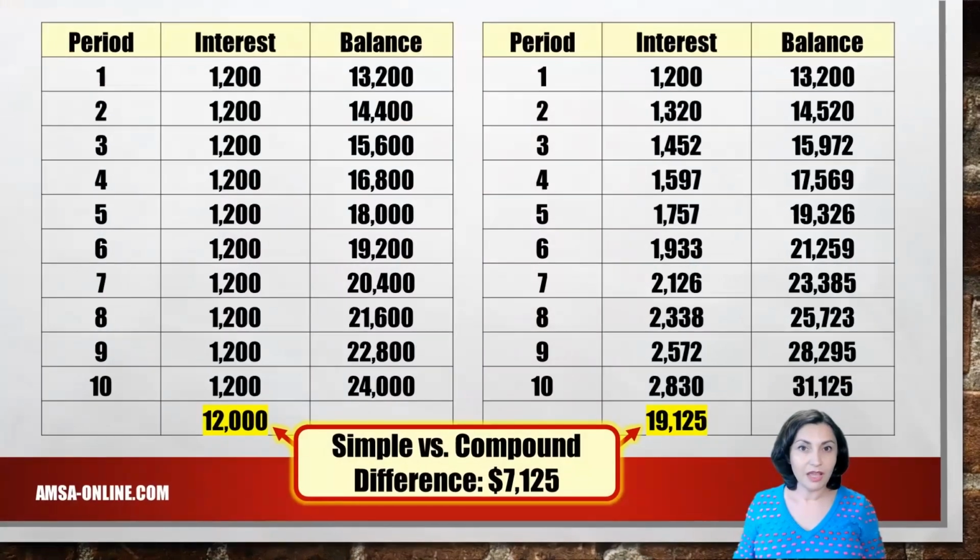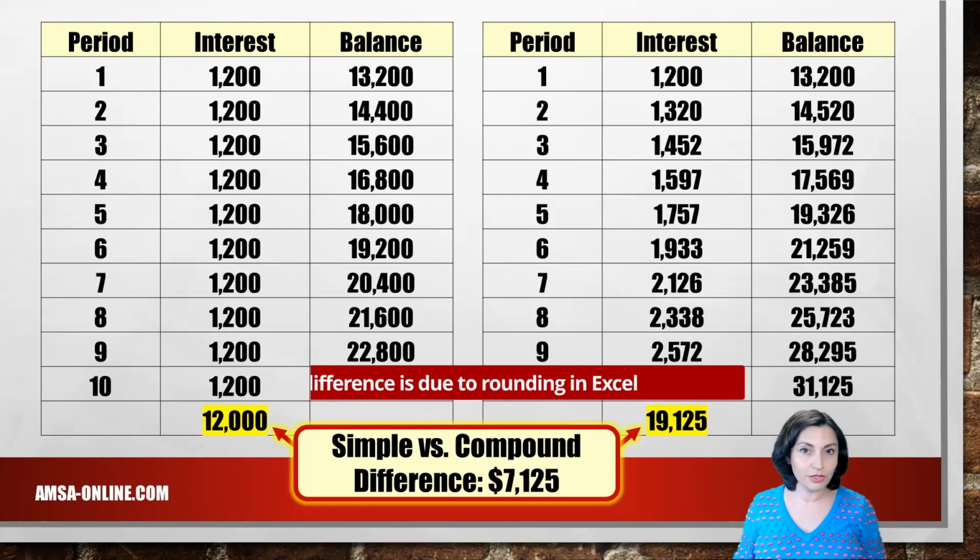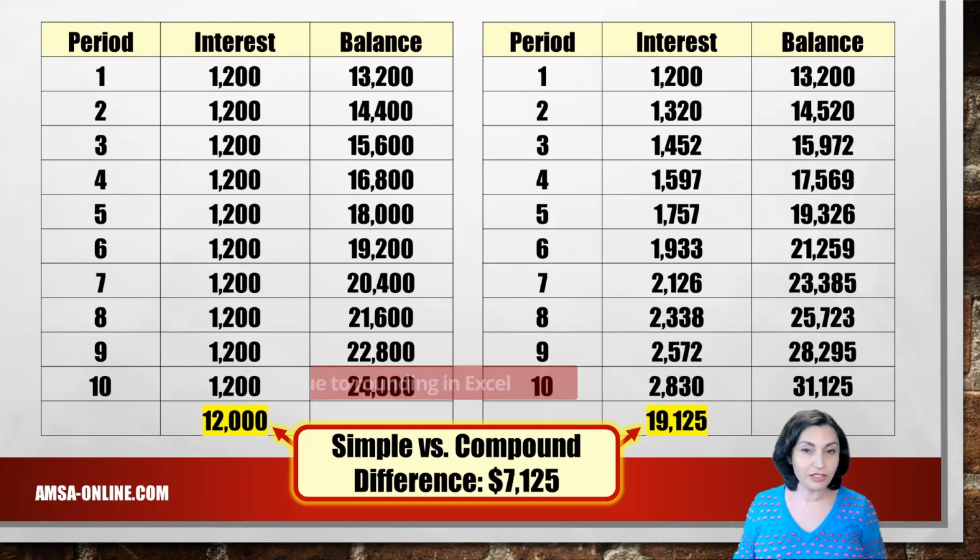Now, let's look at simple and compound interest calculation results side by side. If you look at the interest for 10 years, the difference is significant. If simple interest is used, the total interest is $12,000. If compounding interest is used, the total interest is $19,125. The difference is $7,125.